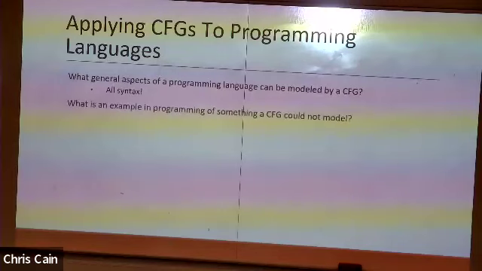What's an example of something, maybe a line in Java, that a context-free grammar could not model? What word is most frequently paired with syntax when analyzing things? Different from syntax? Grammar.